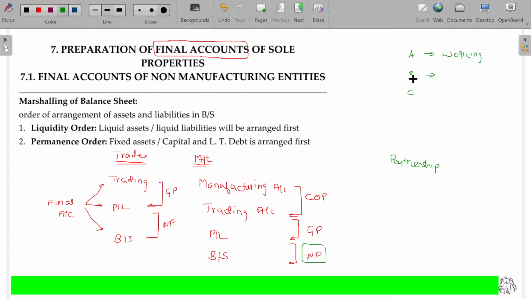A invested 1 lakh, but B invested 5 lakhs, so financially he supports the organization more. C has no time to work and no money to spend, but he says, I have good contacts, sir. Whatever product you prepare or manufacture, I could bring customers to buy.